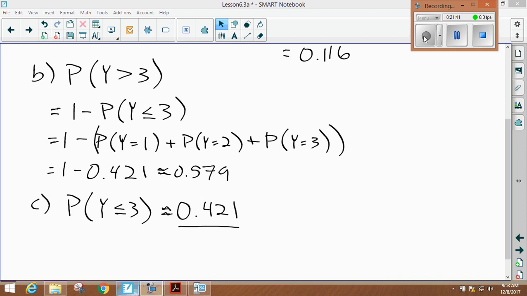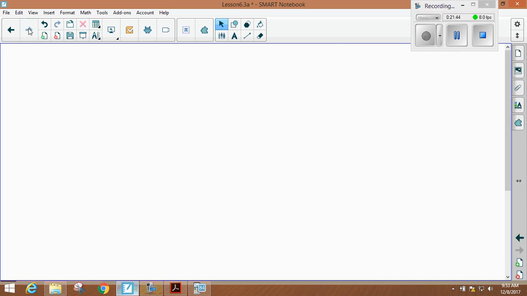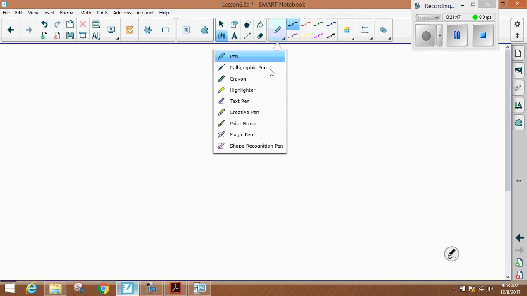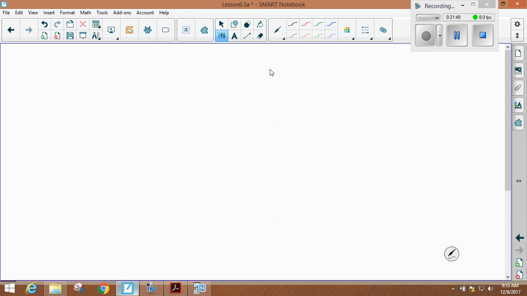The very last thing that we need to talk about with this is our mean or expected value for a geometric distribution. It turns out that the mean of a geometric random variable is the expected value of our random variable, which is going to be 1 over p. We really need to be able to interpret this.